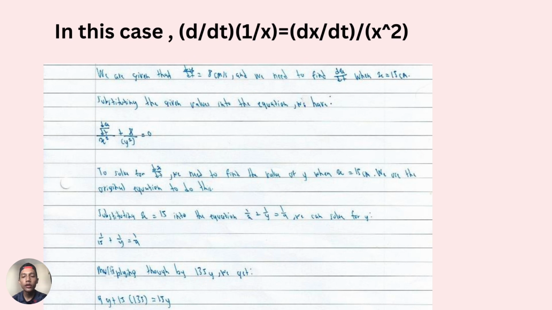We can use the original equation: substituting x equals 15 into 1 over x plus 1 over y equals 1 over 9, we can solve for y. 1 over 15 plus 1 over y equals 1 over 9. Multiplying through by 135y, we get 9y plus 15 (135) equals 15y.